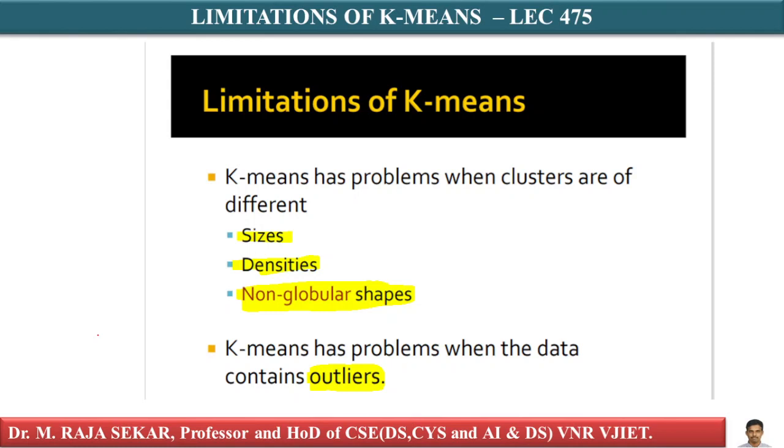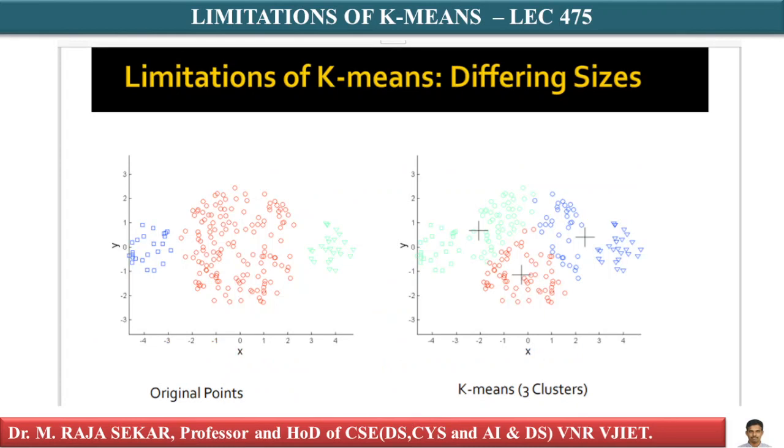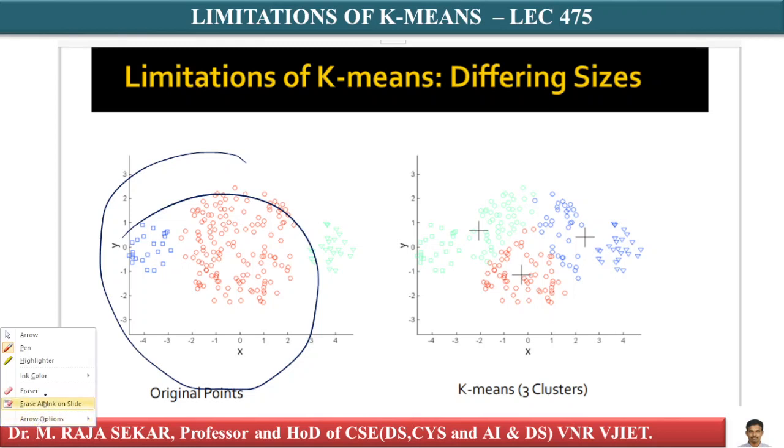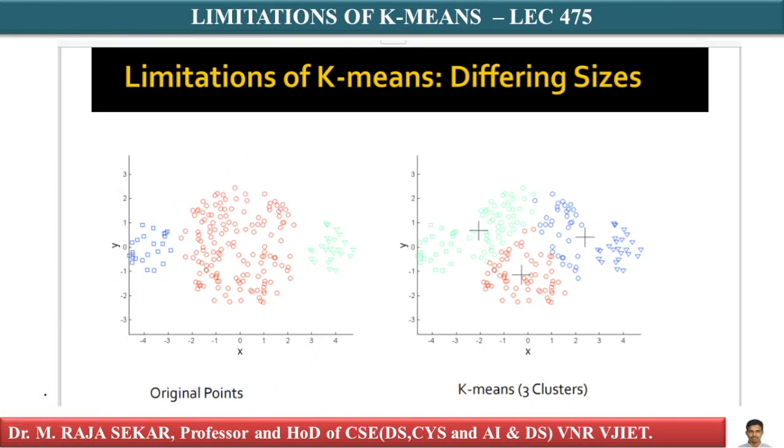Imagine my original data is like this. Let me assume these are my original data points. In this original data, if you notice, I basically have three clusters.